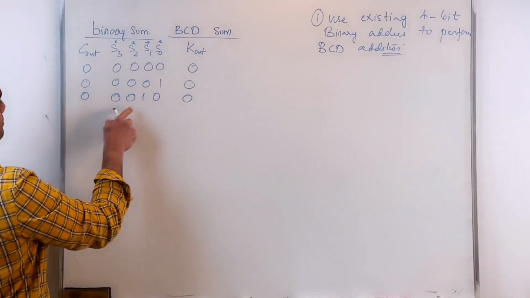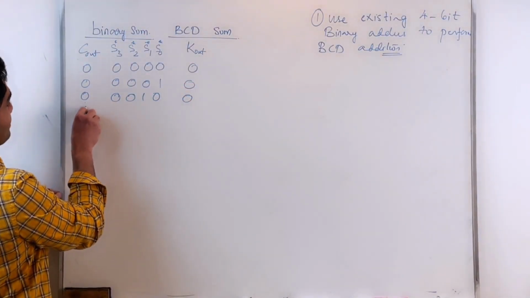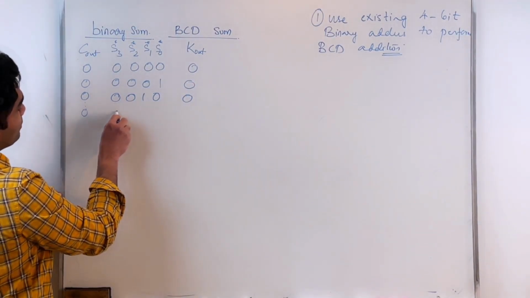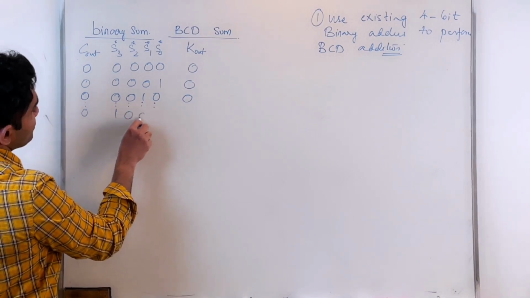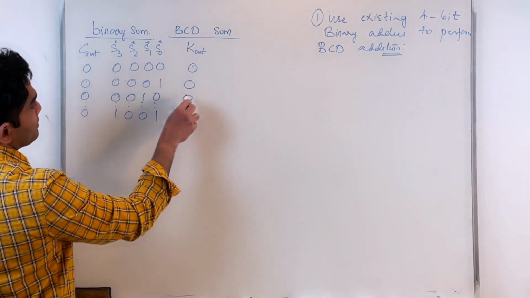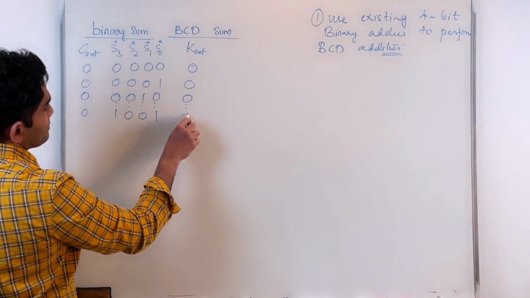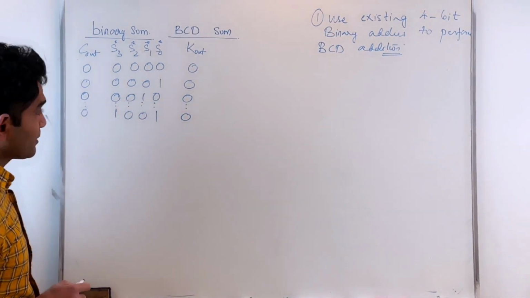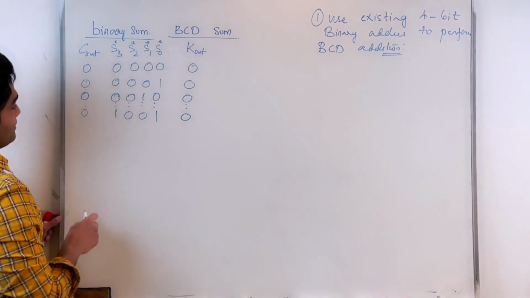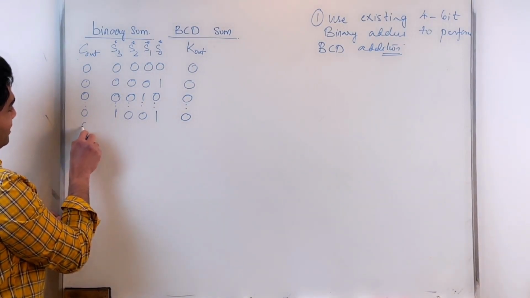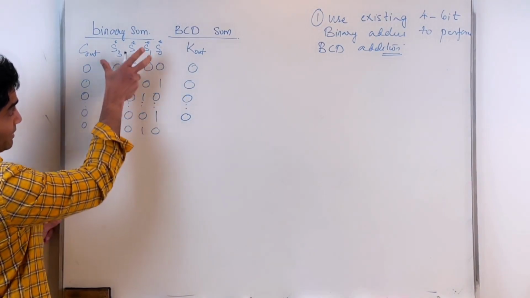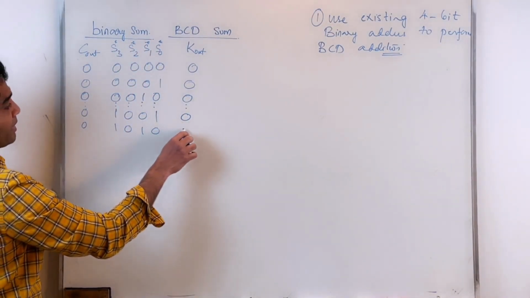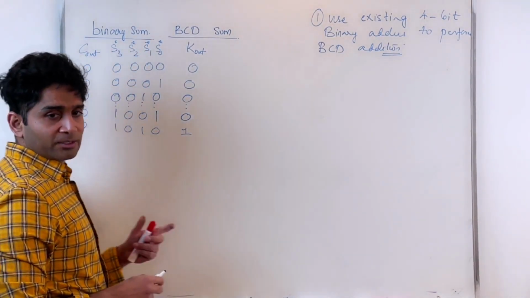So as long as my sum is less than 9, that's 0, 0, 1, that's 9, and that's still 0. The moment the sum is larger than 9, which is 10, which is 1, 0, 1, 0, again that's the binary sum, then K out should be 1, indicating that the sum is larger than 9.